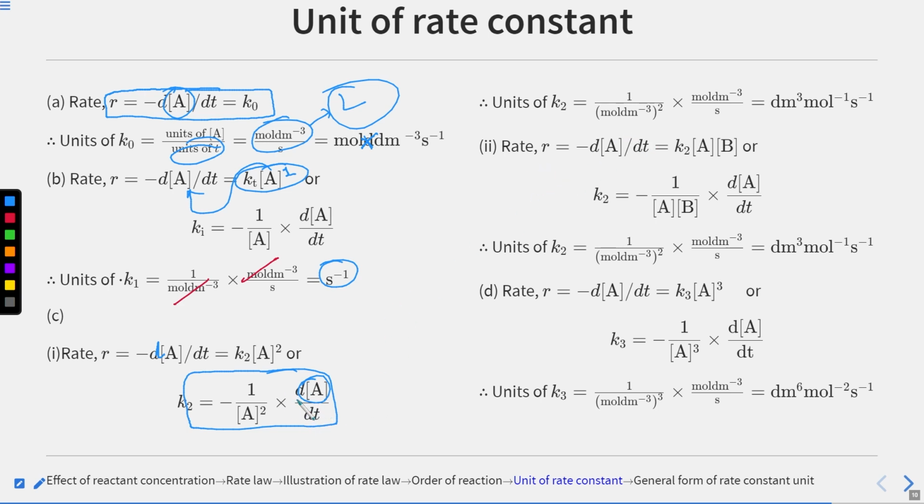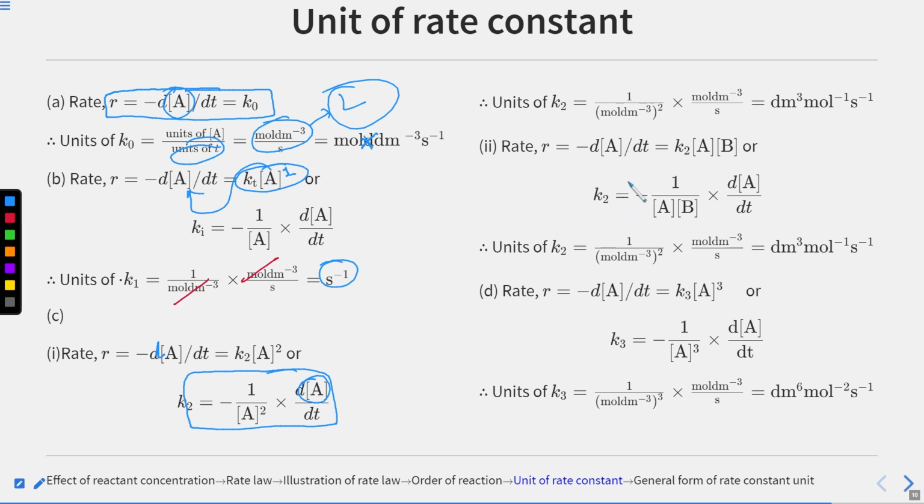Because it is nothing but a change in concentration, and upon adding or subtracting we do not have a change in the unit. Then in the bottom we have second, that would give us mole per decimeter cube divided by second. Overall we can write this as decimeter cube per mole per second.